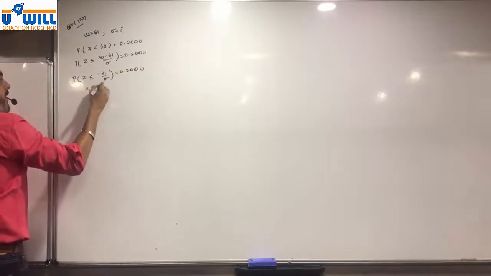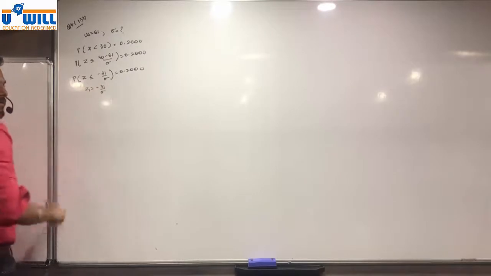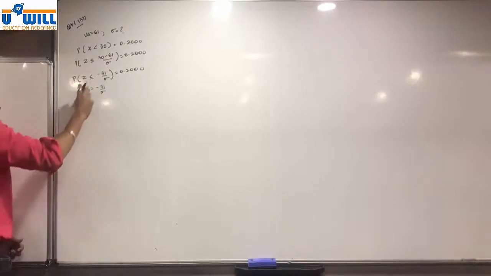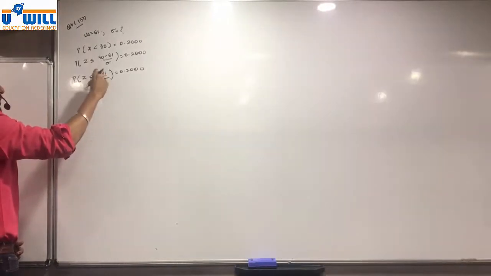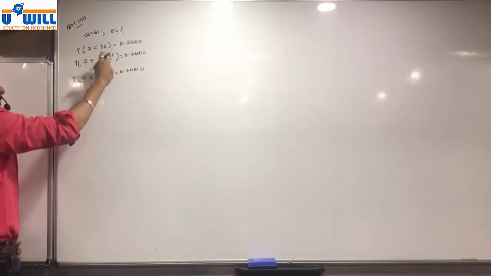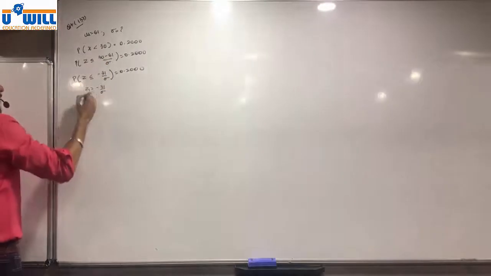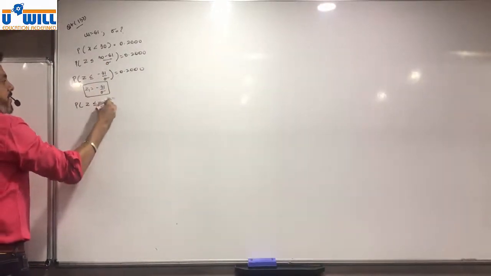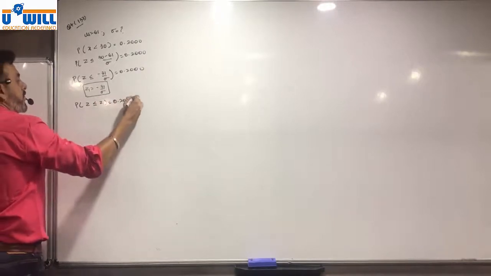We take Z1 as minus 31 by sigma. Understood this? We take this as Z1, which is the same thing. So probability of Z less than or equal to Z1 is 0.2000.